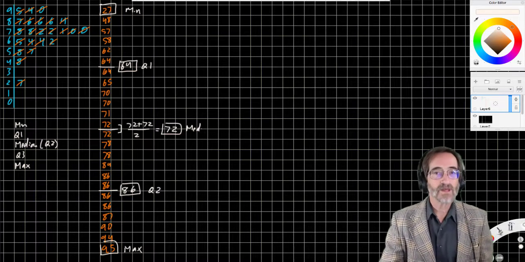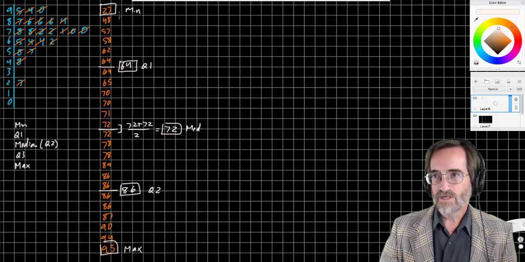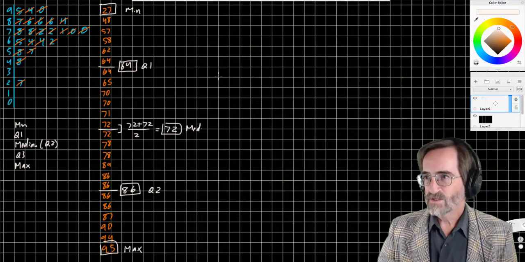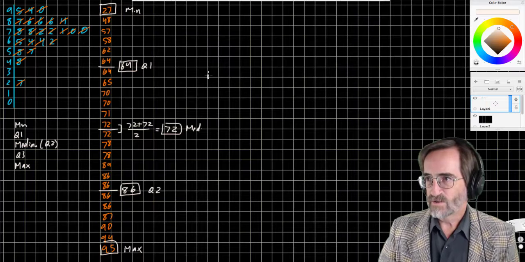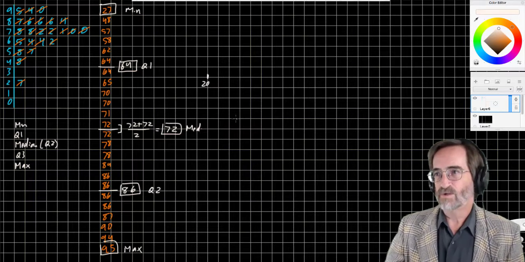Now to make the box and whisker plot, we set up a number line that extends at least from 27 to 95. I'm going to go from 20 to 100.